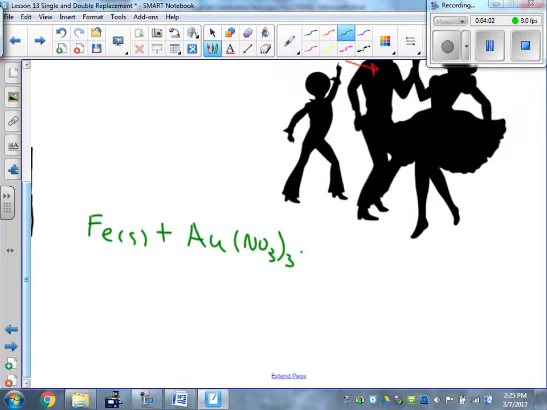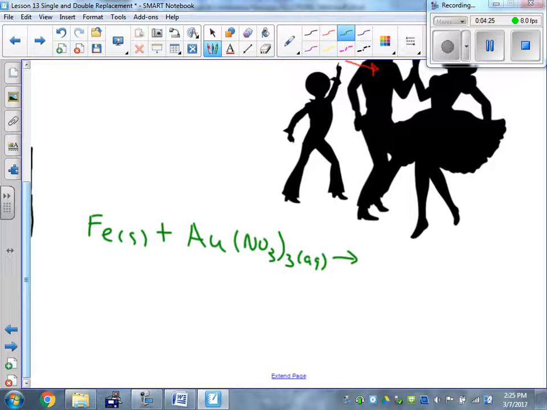Yeah. And we'll put an aqueous here. So here's an example of single replacement. This is what it looks like. You'll notice you've got an element by itself. Iron is a solid by itself, correct? Look over on the periodic table, guys. It's in gray writing. So you're going to see an iron solid by itself.